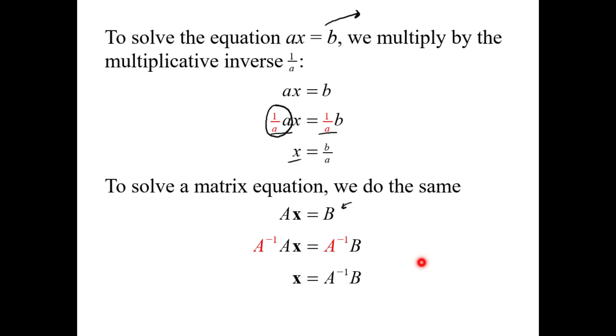But what we could do is multiply both sides by the inverse of A. Because remember, A inverse times A is just the identity matrix. And the identity times x is just x again. So notice that this gives us another way to solve a matrix equation. So let me show you an example of how this could be used.